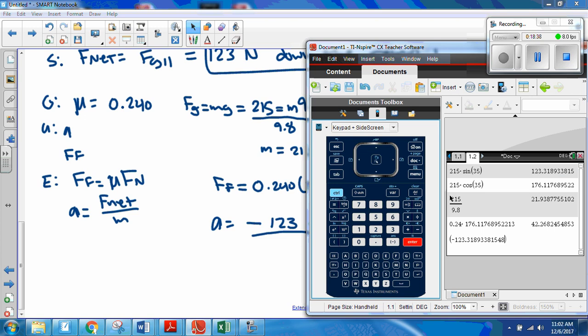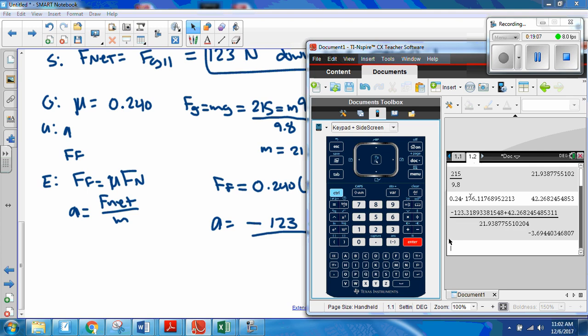And I'm going to do plus, and I'm going to come up here and grab that 42.268 part, right? And then I'm going to go outside the parenthesis. I'm going to hit divide, and I'm going to go up and grab the number that was my mass, that 21.93 part. Okay? So you see how I haven't rounded in the middle. I'm going to round at the end, right? Hit enter.